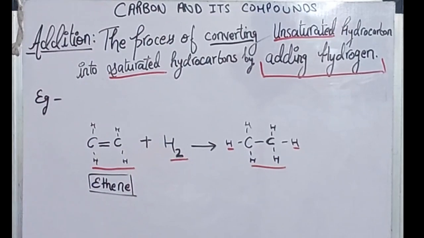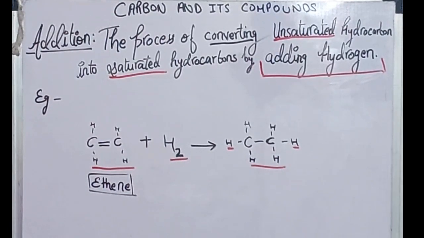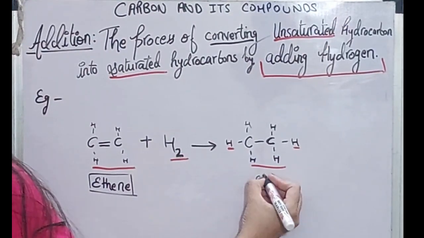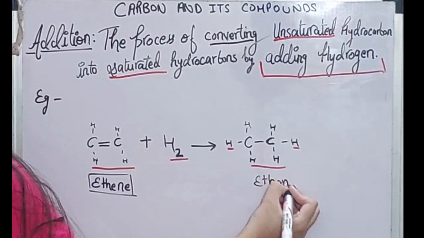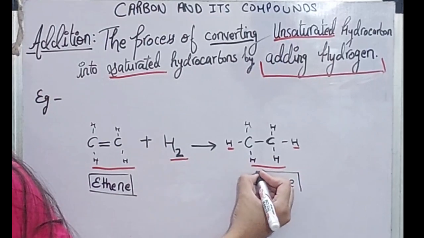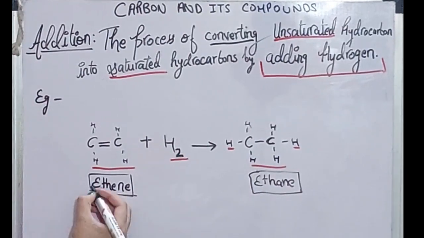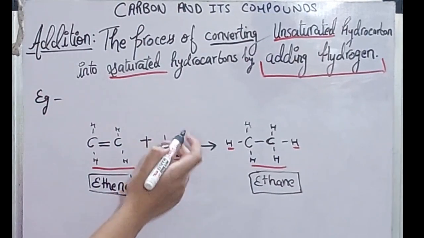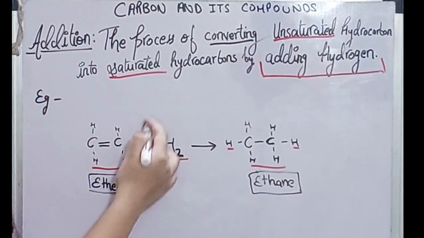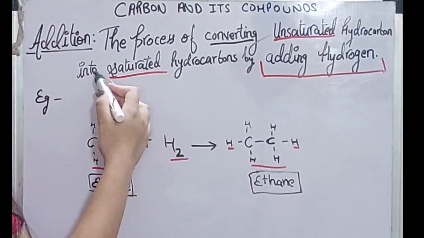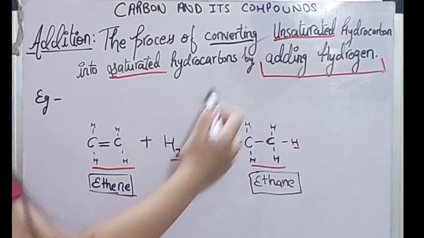Ethene became ethane. So can you see how I converted unsaturated? Ethene क्या है? Unsaturated है, double bond है obviously. By adding hydrogen, and it became saturated hydrocarbon, that is ethane.